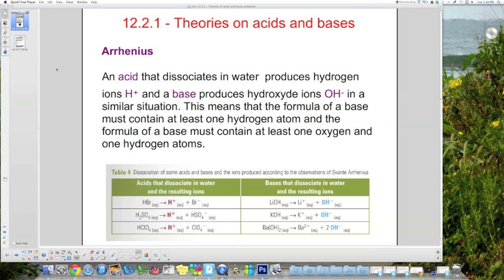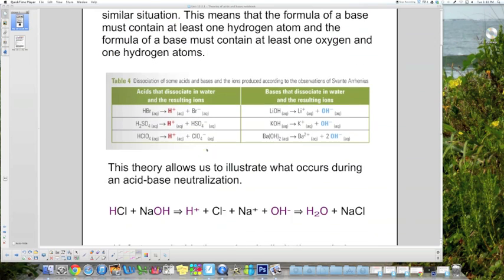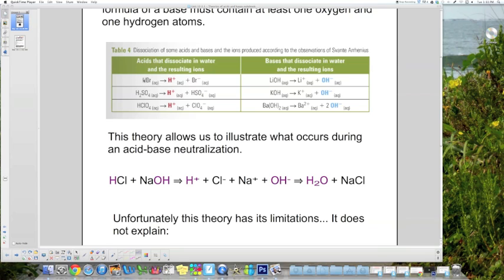The theory that you saw last year is that an acid is an H plus donor and a base would be an OH negative donor. So a base, an alkaline substance, produces an OH minus ion, and an acid produces an H plus ion. For example, we have HBr, which is an acid, we know because it starts with an H. When it dissociates in water, it produces the H plus ion, and the other half is the Br minus ion.